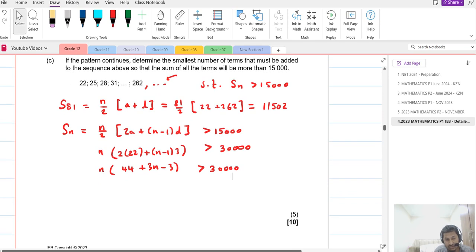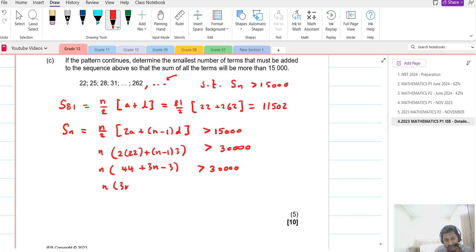So we have n into 3n plus 41, since 44 minus 3 is plus 41. Bring the 30,000 over because it looks like a quadratic inequality we're solving. So now we got 3n squared plus 41n minus 30,000 is greater than 0.